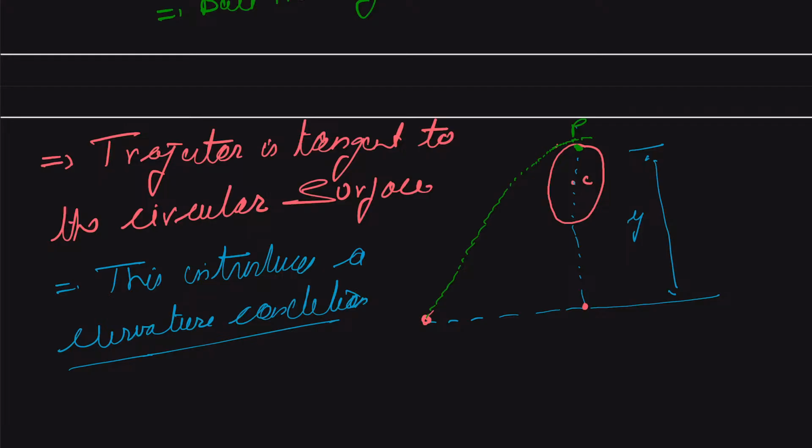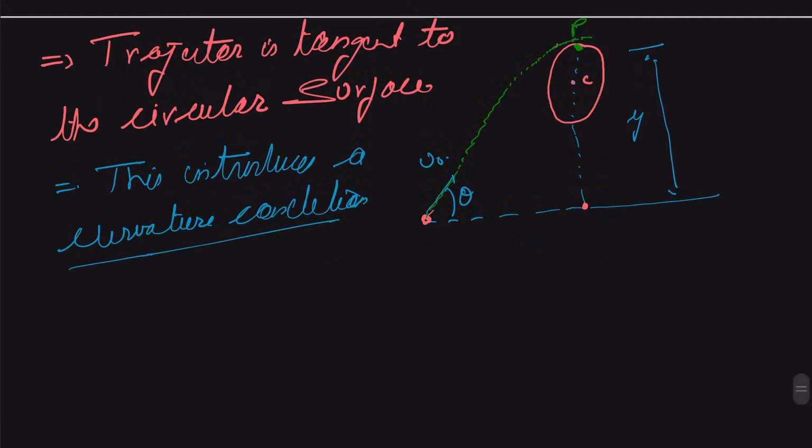Now let us write the equation, and we know that the angle theta and the angle of the velocity of projection is our v naught. That is the same.